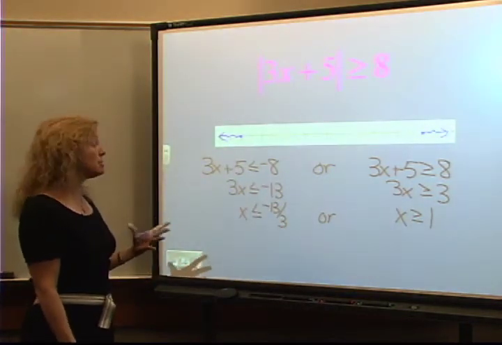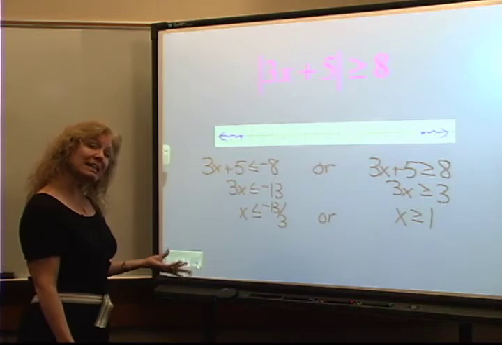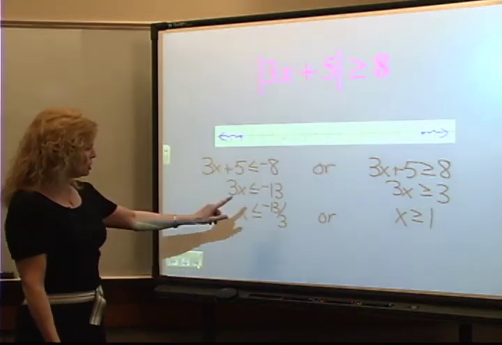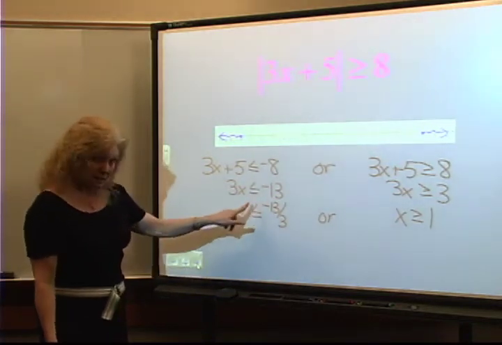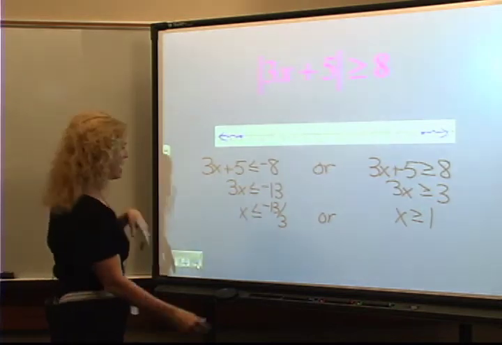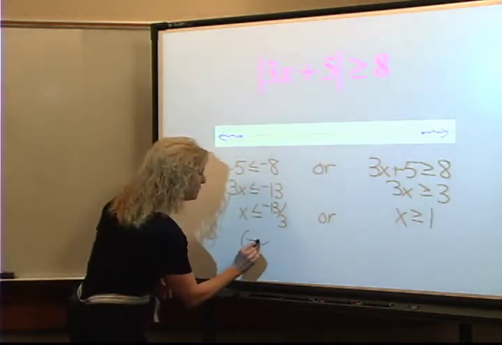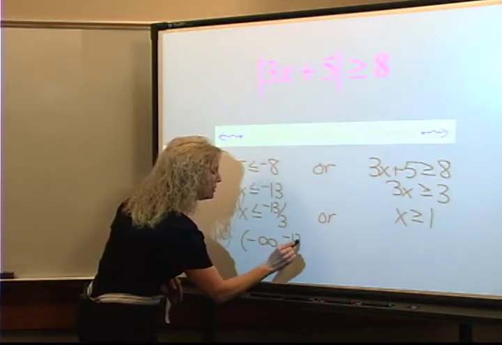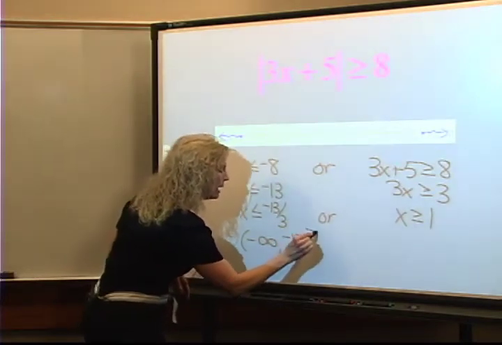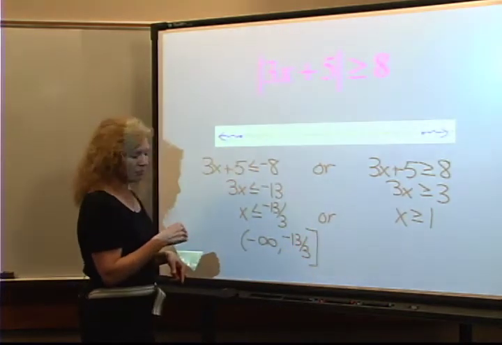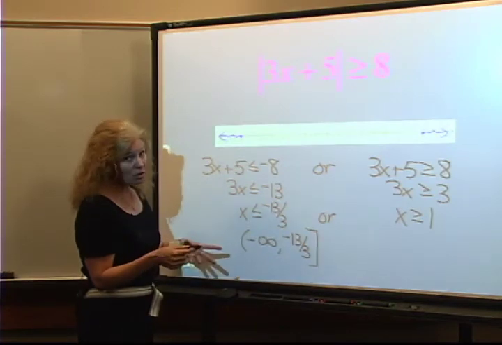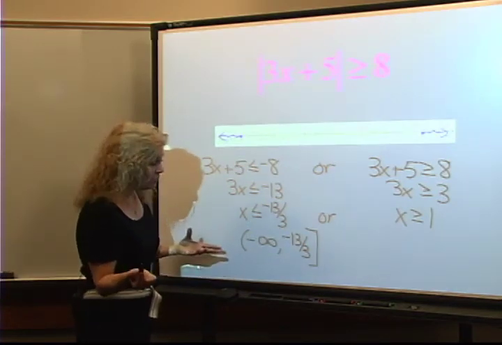Now, sometimes you want to write that answer in interval notation. So this is where I'm less than or equal to -13 over 3, so it could go way out to the left, -infinity, up to -13 over 3, close it. Hey, if you'd like to call that -4 1/3, go for it.